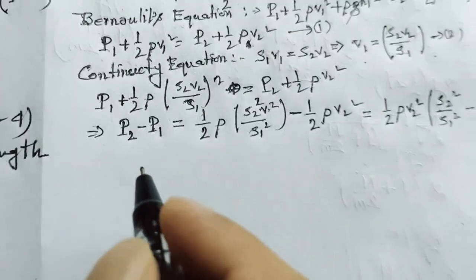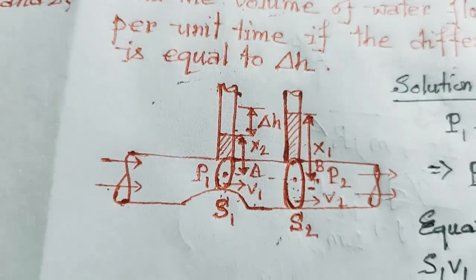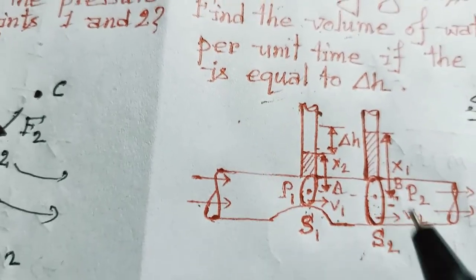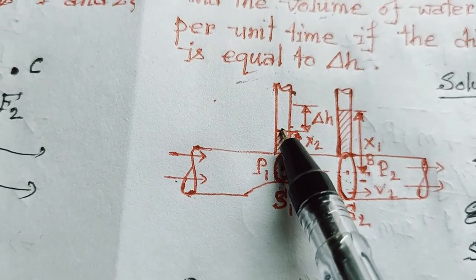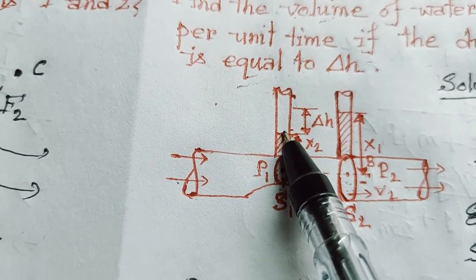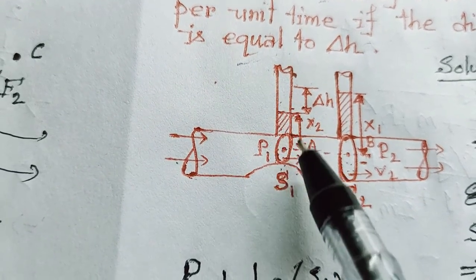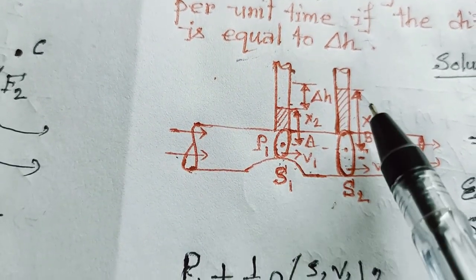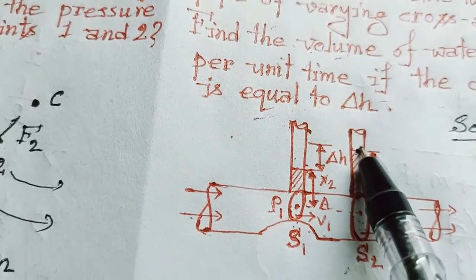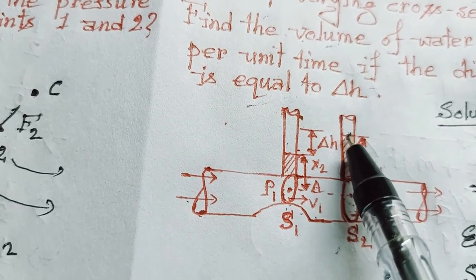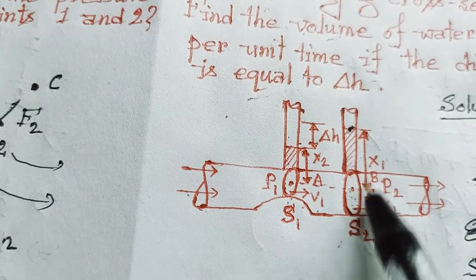Now we will consider the pressure equation. From this diagram, we can see that the pressure at the uppermost point of each tube is equal to P0, the atmospheric pressure. So the pressure at this point will be P0 plus rho g x2, and the pressure at this point will be P0 plus rho g x1.